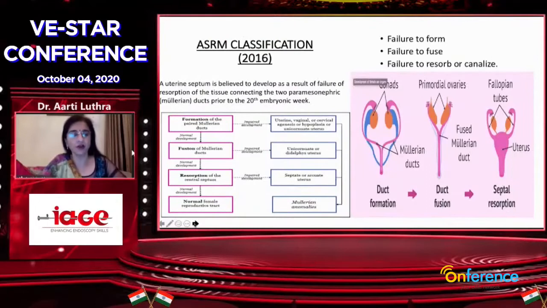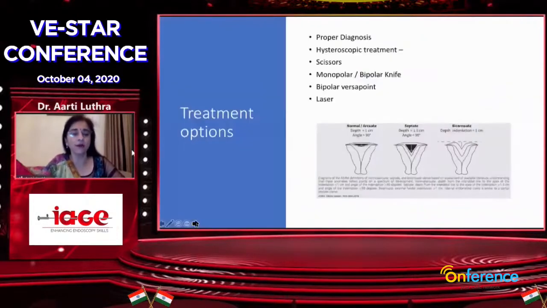As we know, a uterine septum is believed to develop as a result of failure of resorption of the Mullerian ducts connecting prior to the 20th embryonic week, and it is due to this failure of resorption that we see a septum which may be complete or partial.